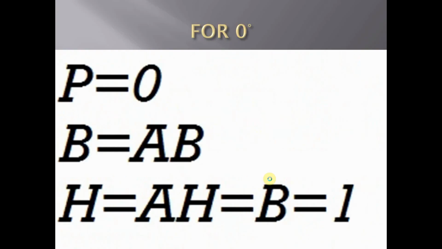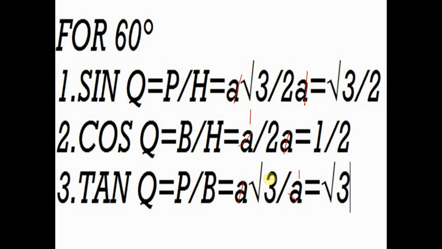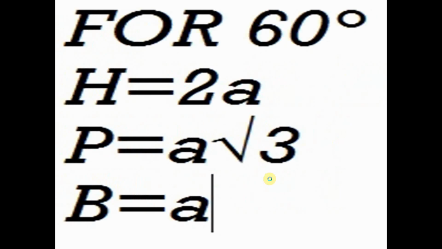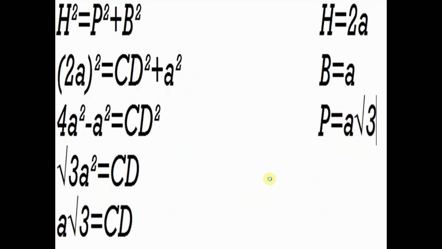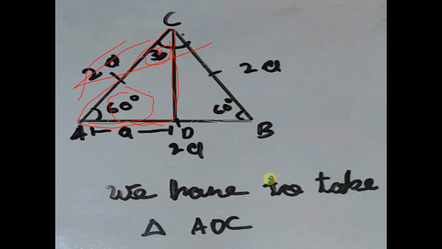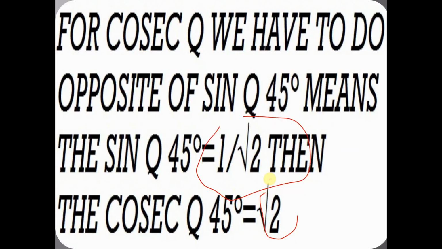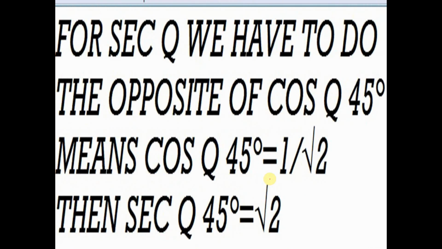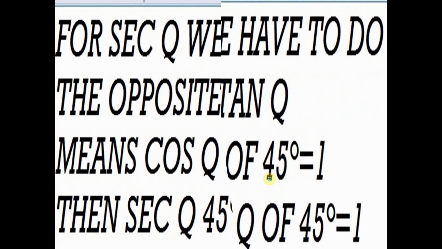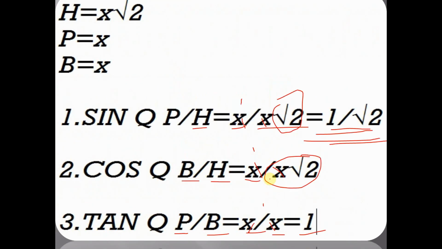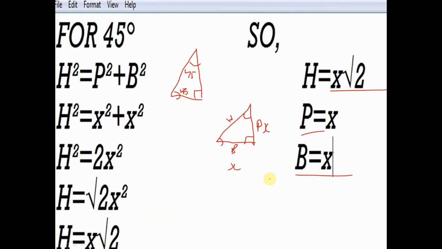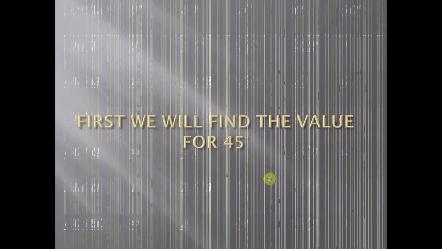Now I will show you how to take the value of cot theta, sec theta and cosec theta. Now let us go to the table and I will show you the trick how to learn it easily. Sorry, I am doing it on PowerPoint, so it will take time.